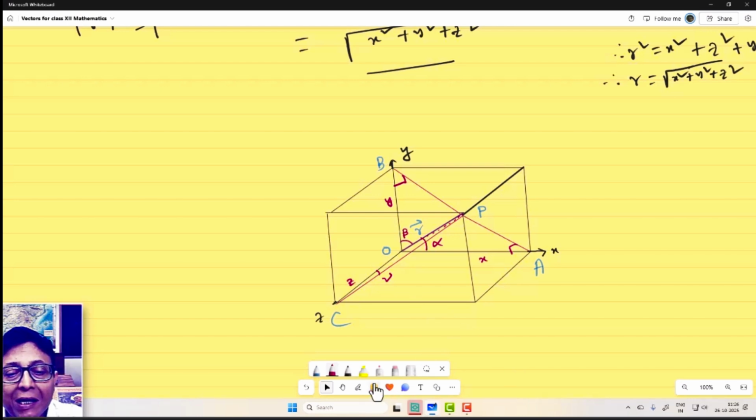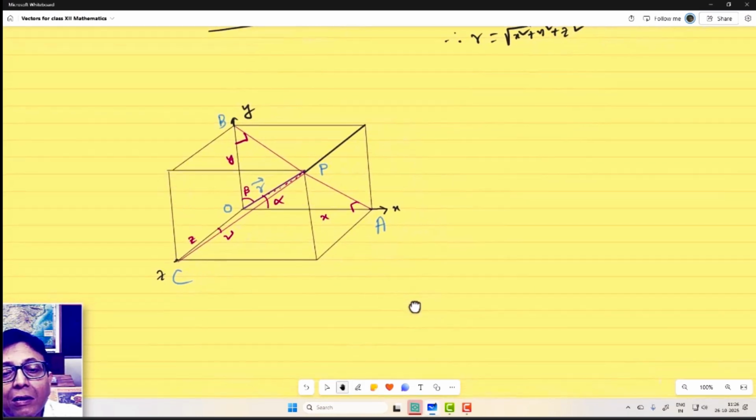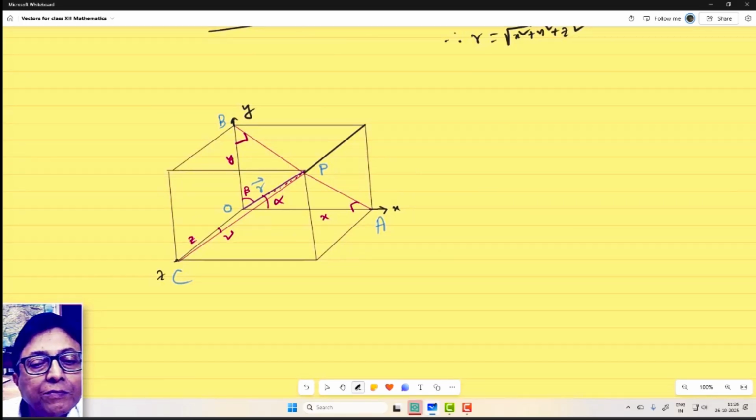I have taken the same diagram here, just copied it a little bit bigger. r equal to OP is the vector. OP makes an angle alpha with the x-axis, beta with the y-axis and gamma with the z-axis. And this point has coordinates x, y, z, because you have taken x along the x-axis, y along the y-axis OB, and z along the z-axis.